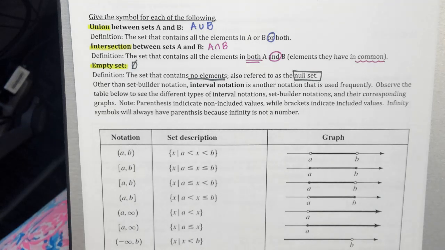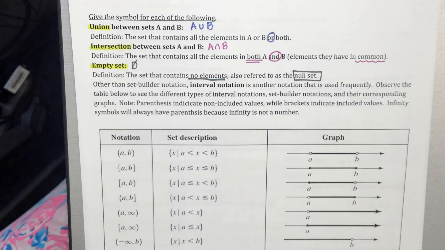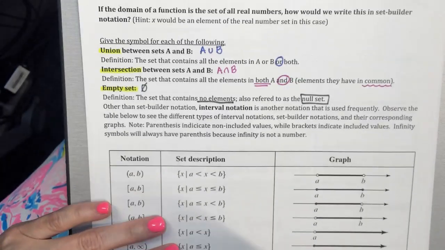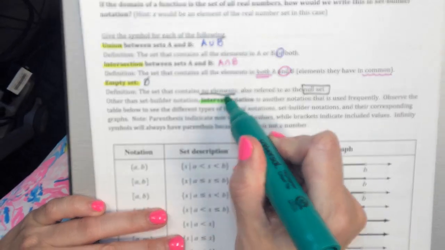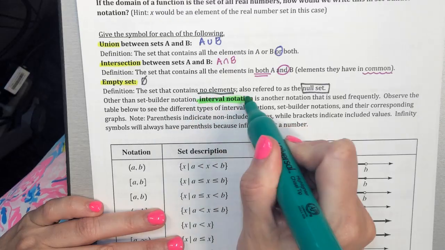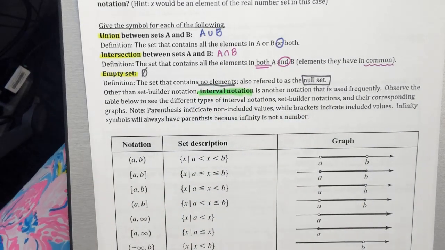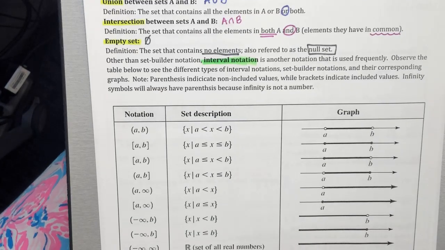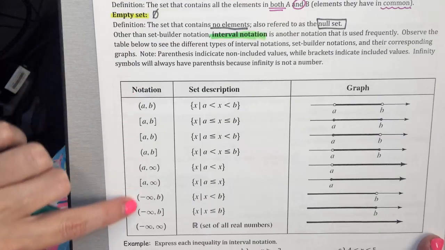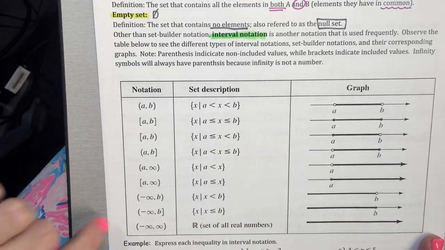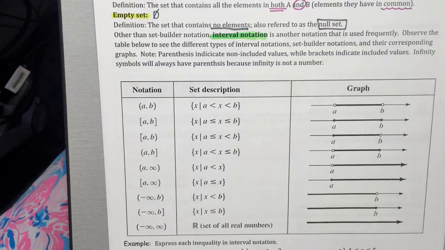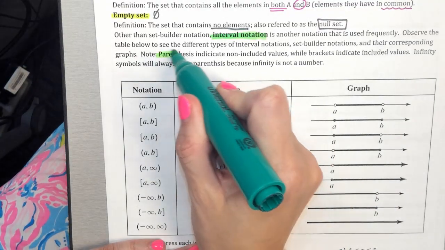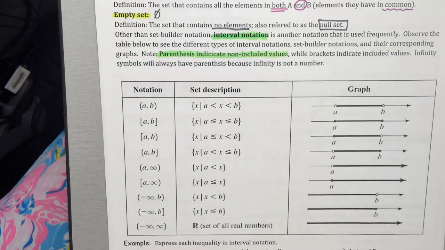The other notation that we're going to talk about this year is interval notation. I just want you to look at the table below so you can see the different types of intervals. You can see the parentheses. Those are going to be non-included values.